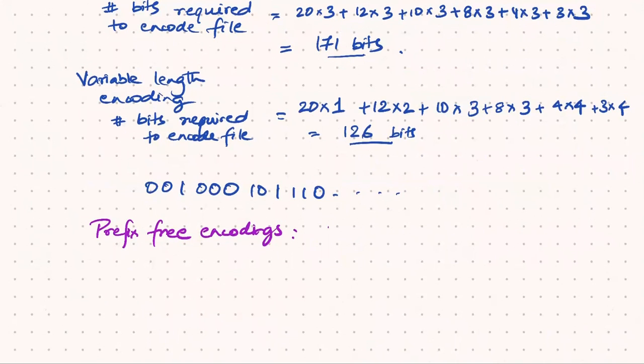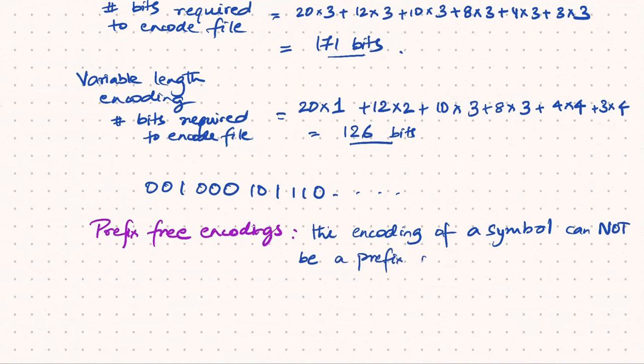In a prefix-free encoding, we'd say that the encoding of a symbol cannot be a prefix of the encoding or the code of some other symbol.